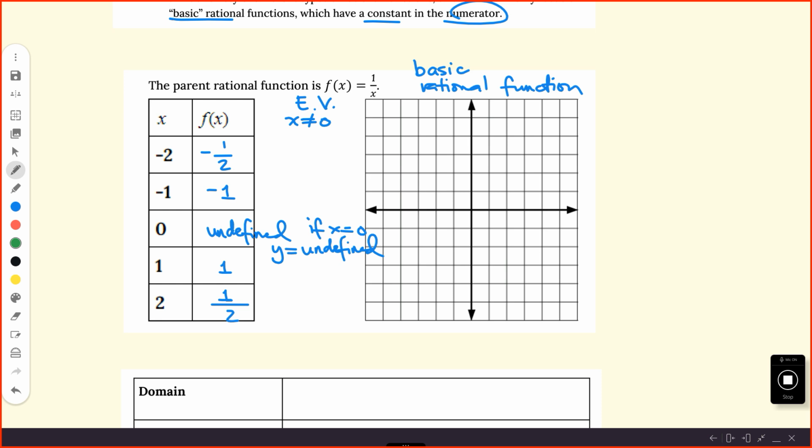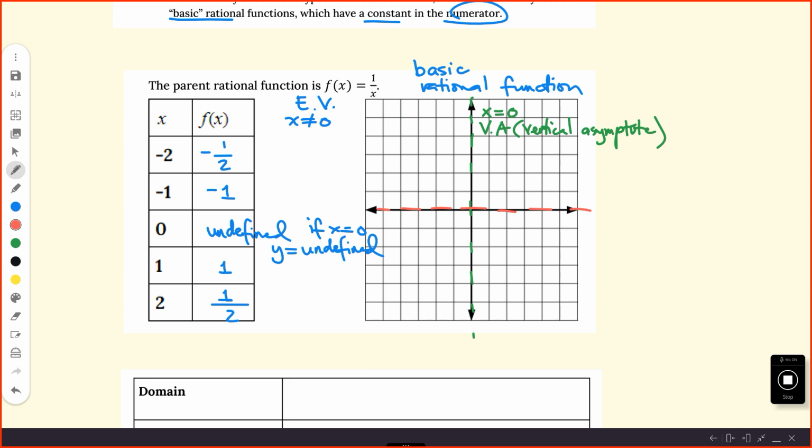Again, since we cannot allow x to be 0, x equals 0 is going to be one of your asymptotes. That's going to be a vertical asymptote. x equals 0 is your VA, right? And then since if x is 0, y is undefined, therefore this is also another asymptote.